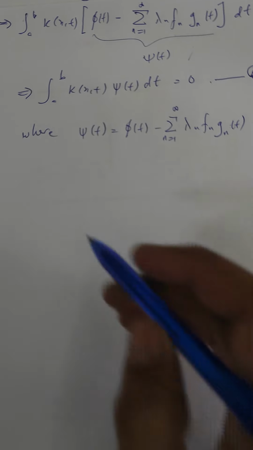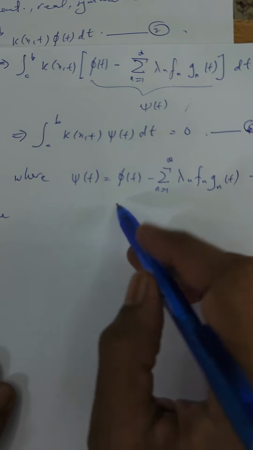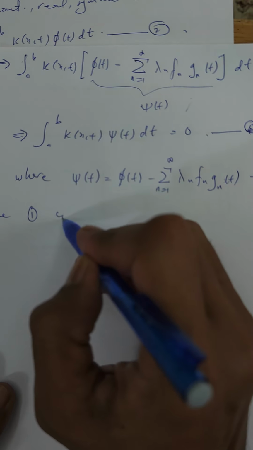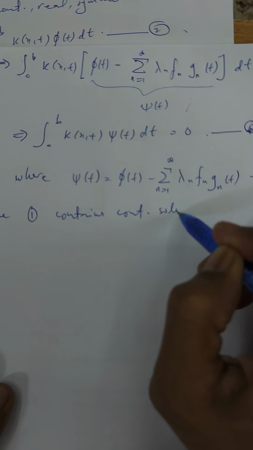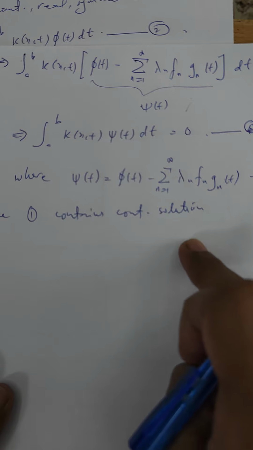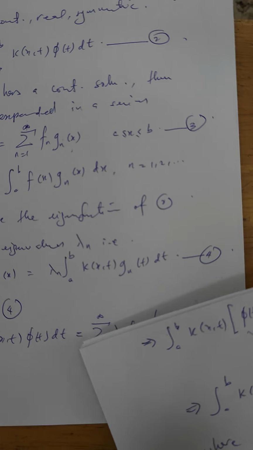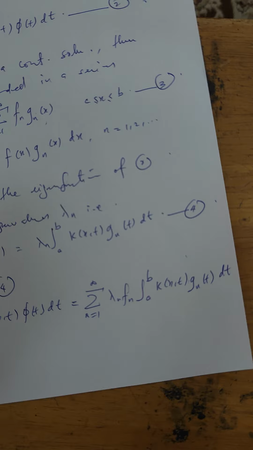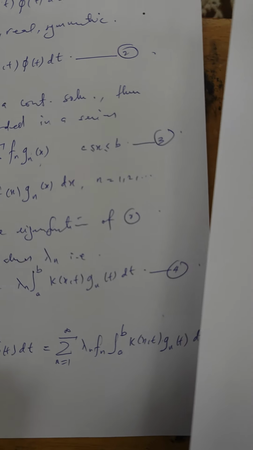Okay, now since equation 1 contains a continuous solution, because it has a continuous solution, then we can write f x in terms of here.